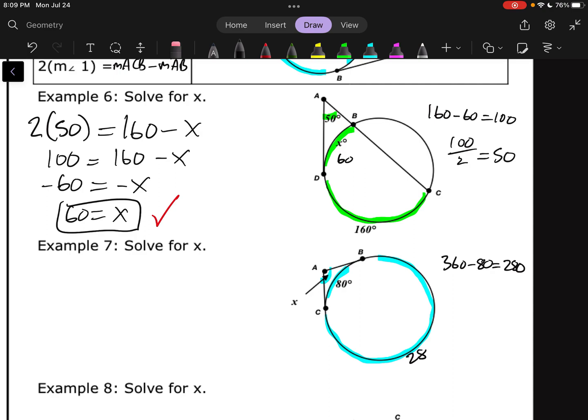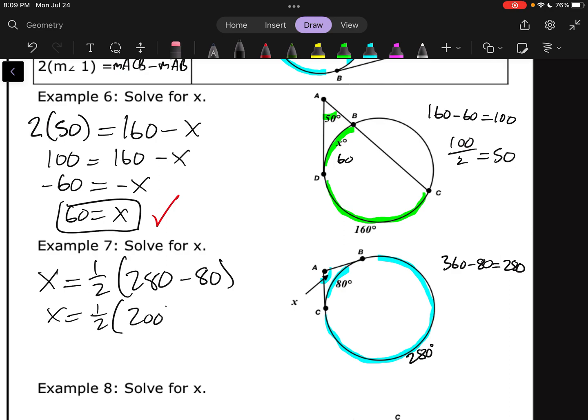So this big arc has to be 280 degrees. So now I'm able to say that the angle x is equal to 1/2 big arc minus little arc. That'd be 1/2 of 280 minus 80, which is 200. So that means that x should be 100.